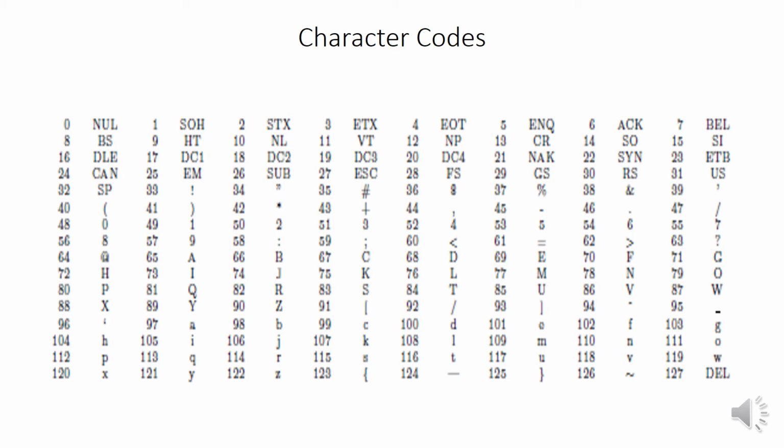Only, if a specific character is not defined or not important for us at that time, the highest bit of that particular character is zero, and the lowest seven bits are one. So this is very important in ASCII.